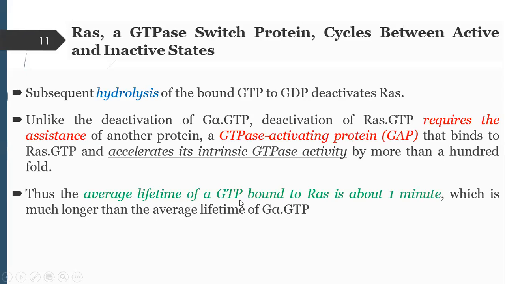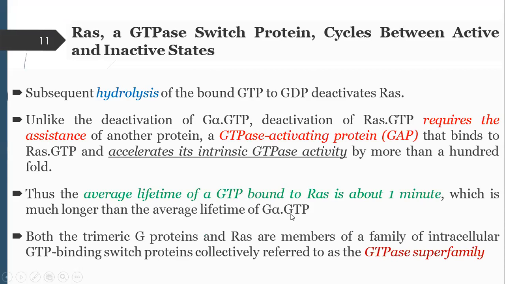The average lifetime of GTP bound to RAS is about 1 minute, which is much longer than that of G alpha GTP.